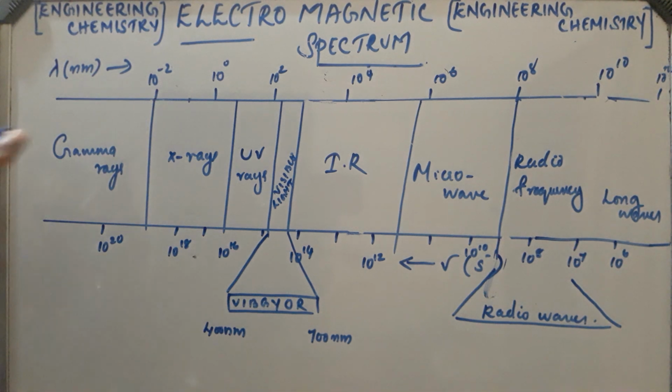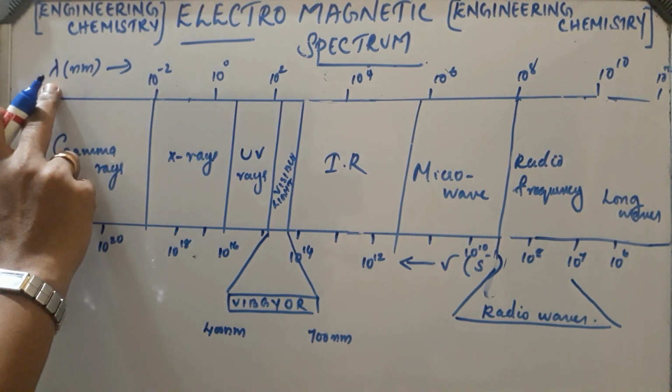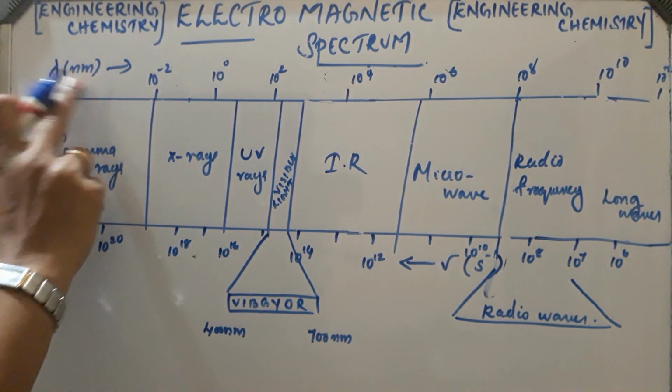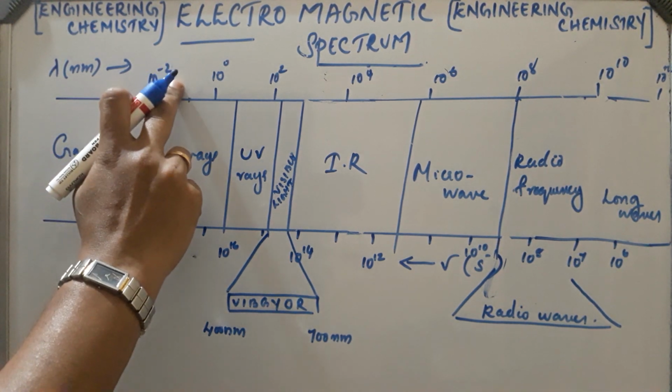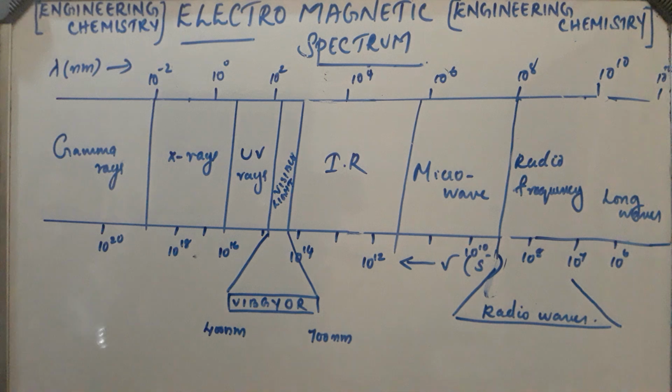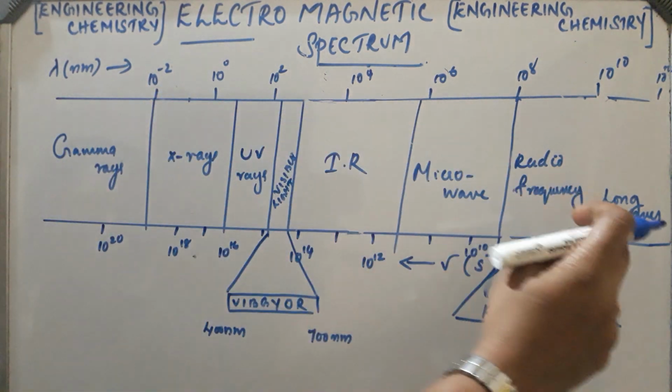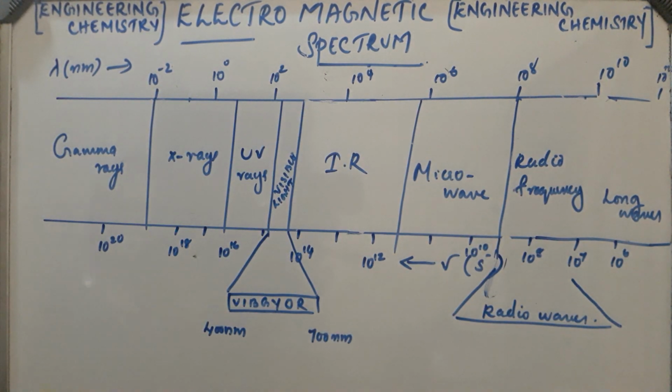This represents lambda, the wavelength in nanometers. So gamma rays have the least lambda, and it is increasing towards long waves. So this is the electromagnetic spectrum in which the different electromagnetic radiations are arranged according to their frequency. So this much about the electromagnetic spectrum.